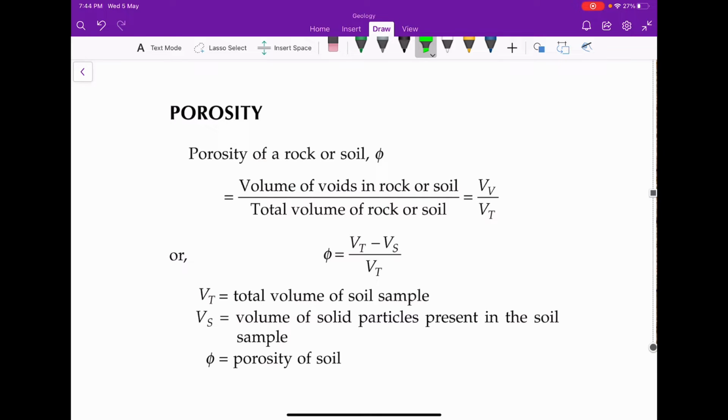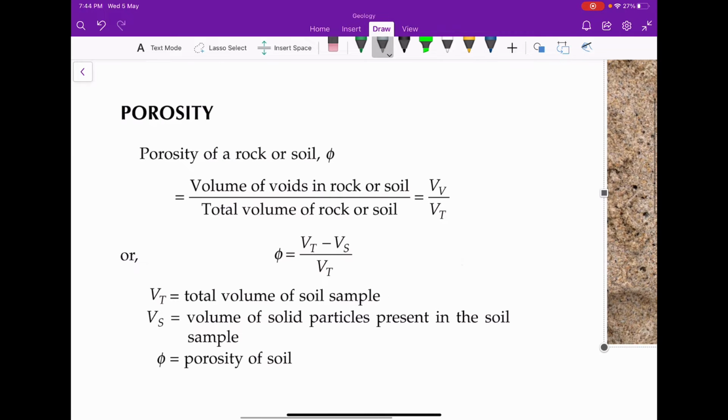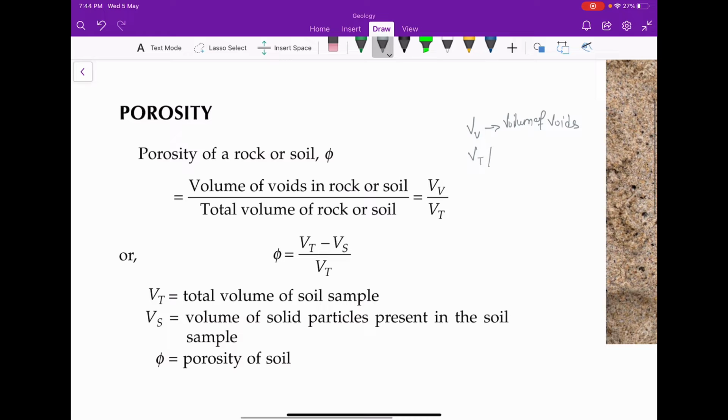That is, if we consider Vv, that is volume of voids in the sample of rock, and Vt or Vb is the bulk volume, or you can say total volume of the rock or soil.